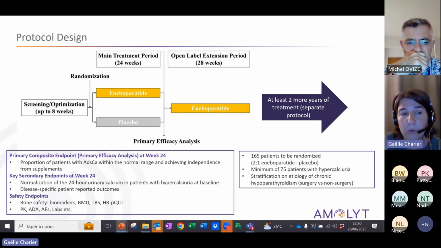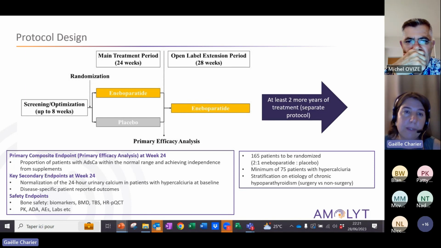So that's what we are also going to evaluate as a key secondary endpoint. So if patients with hypercalciuria at baseline are normalized after 24 weeks of treatment. What is very important as well is patient symptoms and quality of life. So we are going to assess this aspect via questionnaires, so patient-reported outcomes.